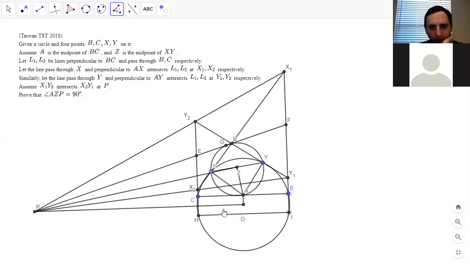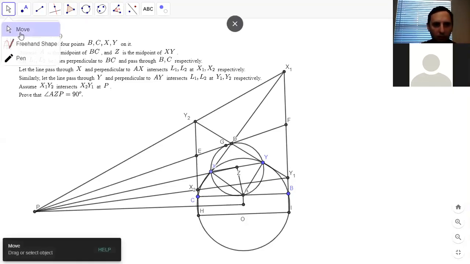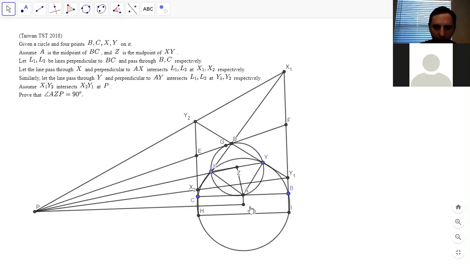It's weird, that looks slanted for some reason, but it's not. It's a pretty nice configuration though. Instead of having the perpendiculars to OX and OY, you have the perpendiculars to AX and AY.